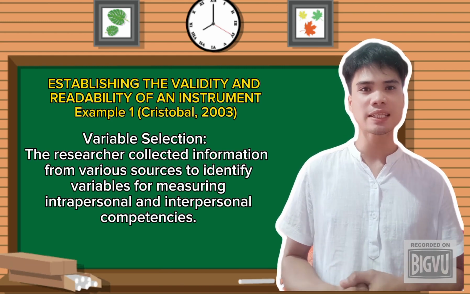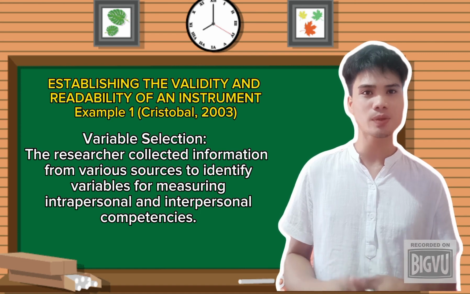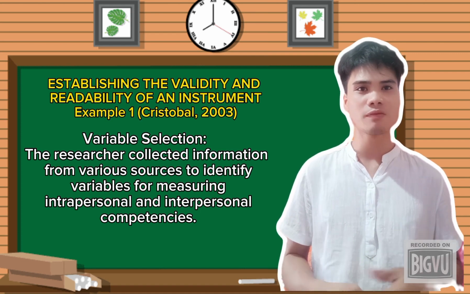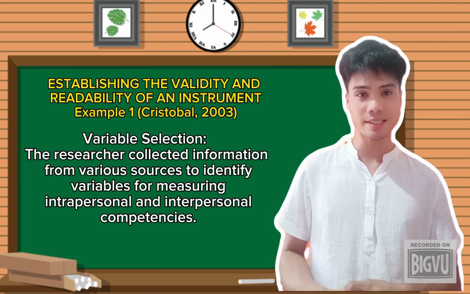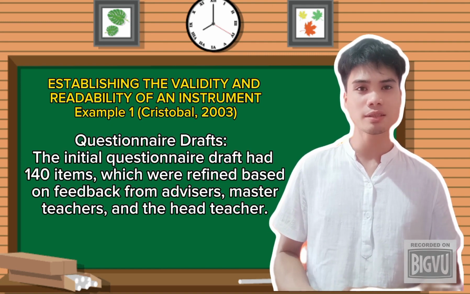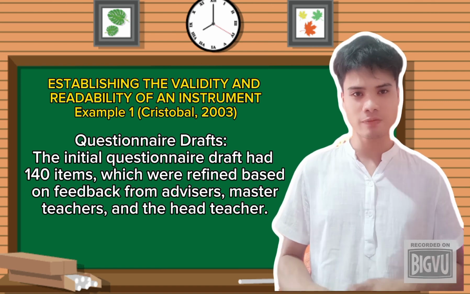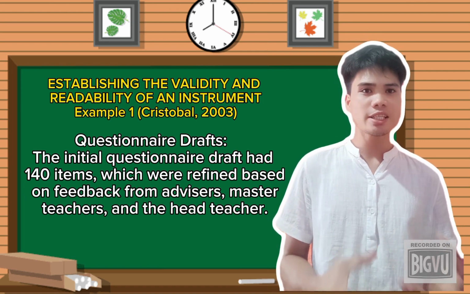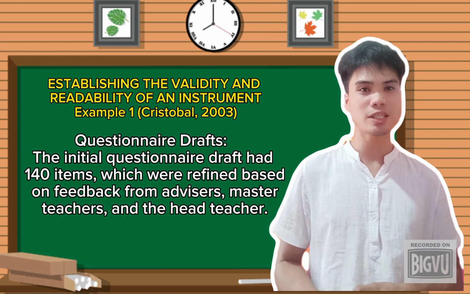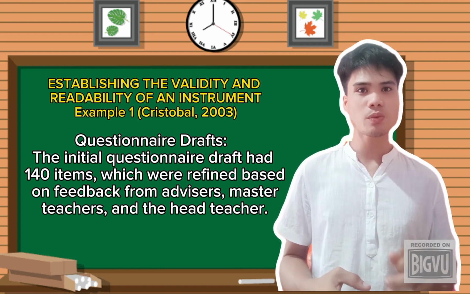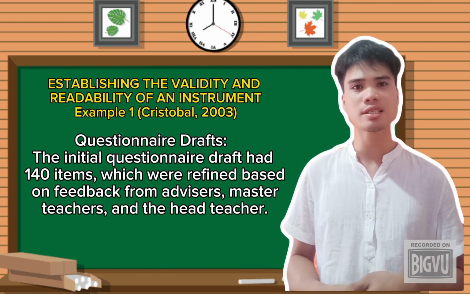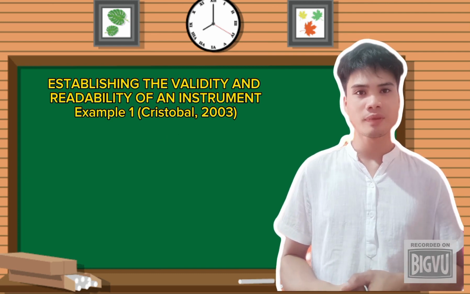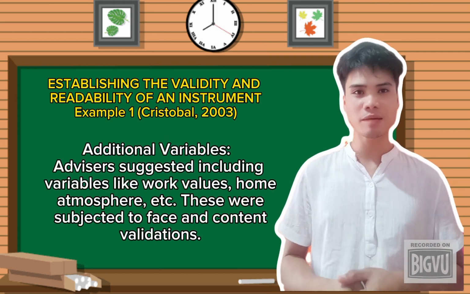The researcher collected information from various sources to identify variables for measuring intrapersonal and interpersonal competencies. The second one is the questionnaire drafts. The initial questionnaire draft had 120 items, which were refined based on feedback from advisors, master teachers, and the head teachers.